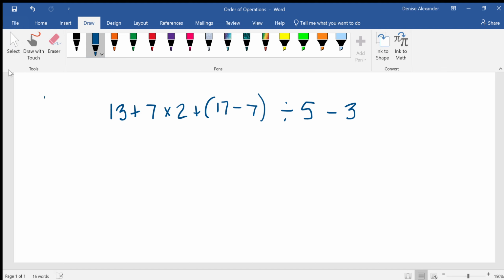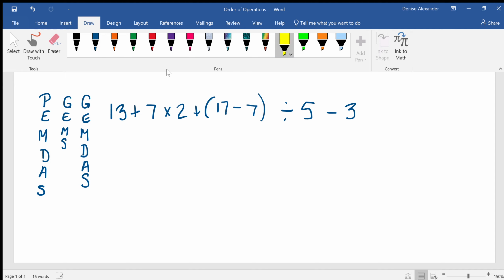Now I'm just going to quick write over here PEMDAS. Now remember, I learned PEMDAS in school when I was younger, and so this one sticks with me better. But remember, you could always use GEMS or GEMDAS. Either way, whatever works for you. Okay, so the first thing I'm going to do is I'm going to highlight my first step.